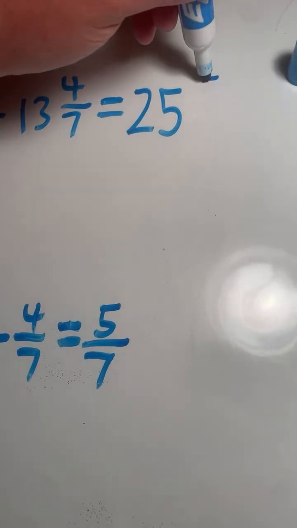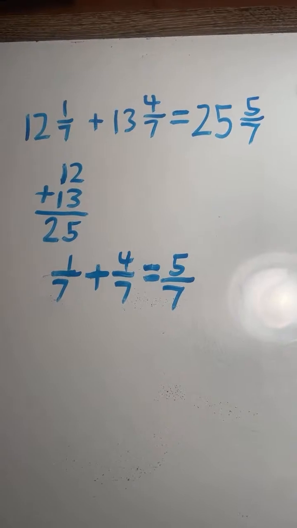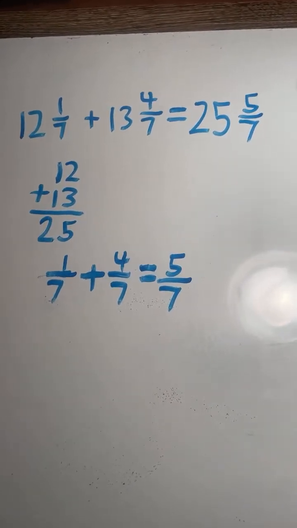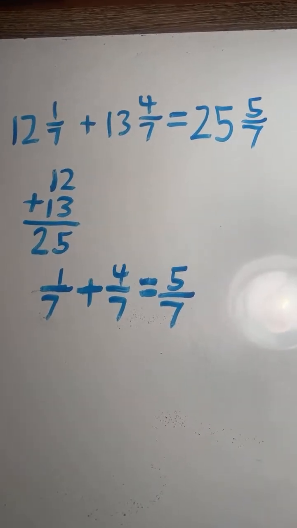So we have our answer, 12 and 1/7 plus 13 and 4/7 equals 25 and 5/7.